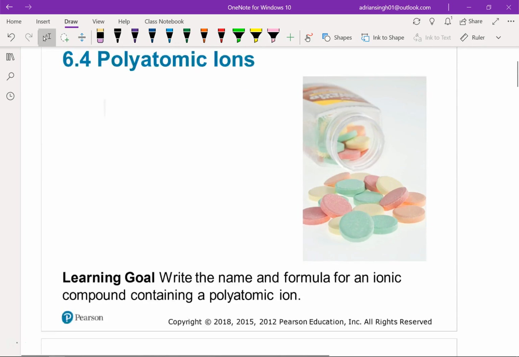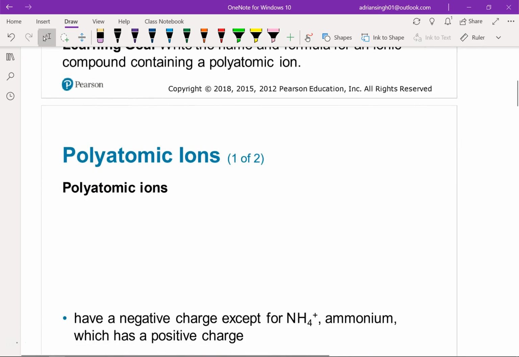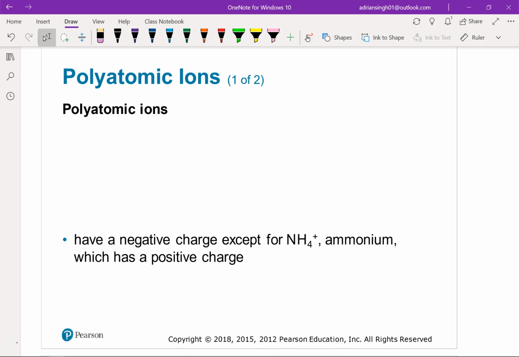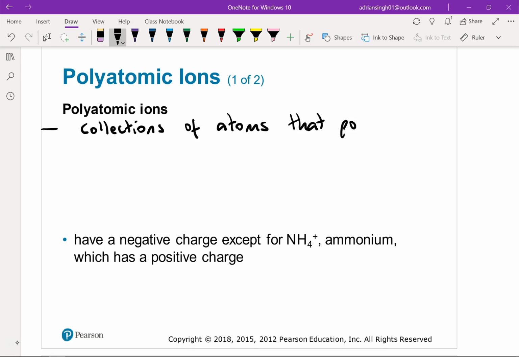Now we're going to take a look at what are known as polyatomic ions. And what polyatomic ions are, they are collections of atoms that have an overall charge. Alright, so here it's not just a single atom that has a charge, it's actually a collection of atoms that possess an overall charge.